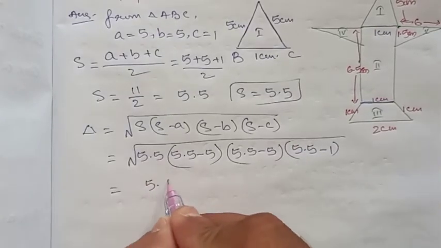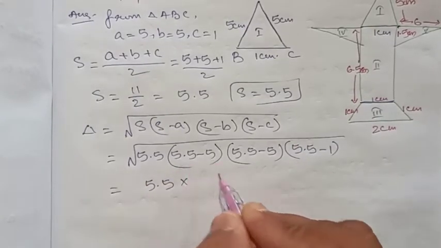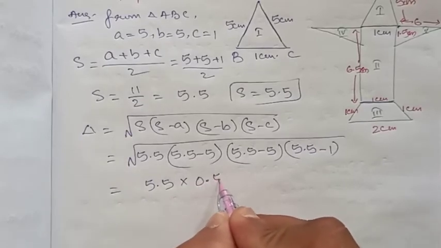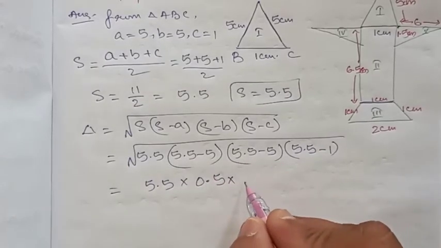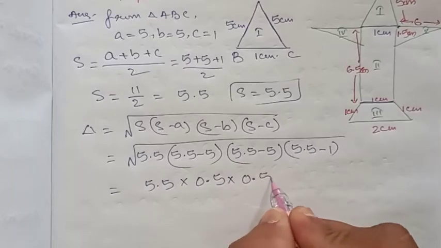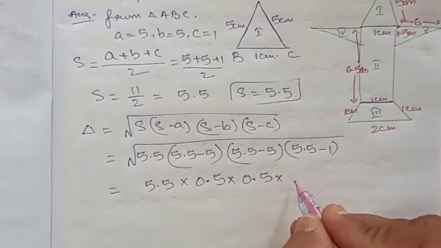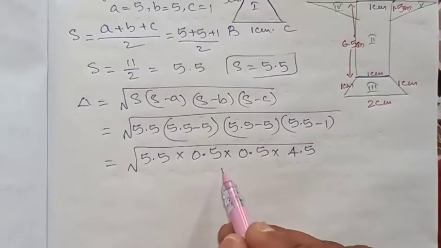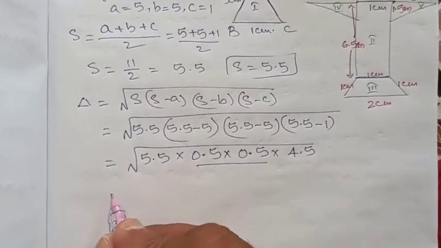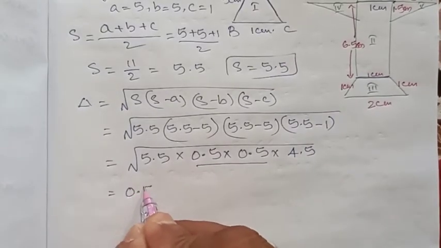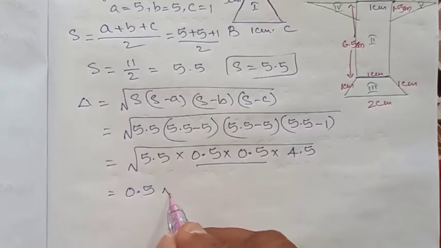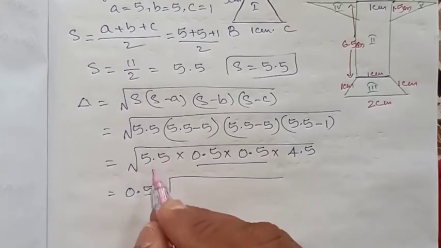This will be 5.5 as it is, then 5.5 minus 5 is 0.5, into 0.5, into 5.5 minus 1 is 4.5. Out of the two 0.5s, one we can take outside. What is left inside? 5.5 will be left inside.